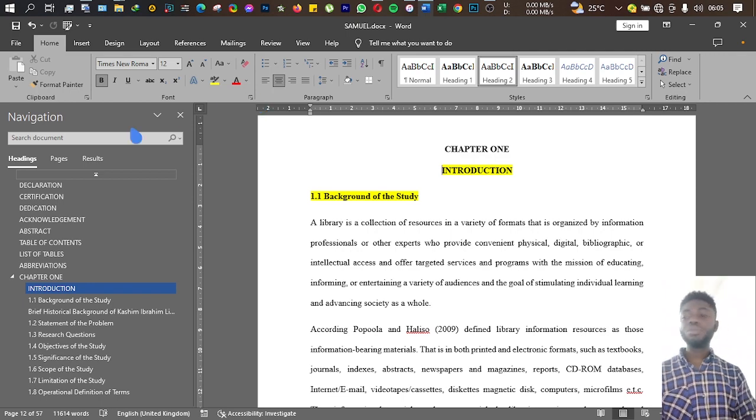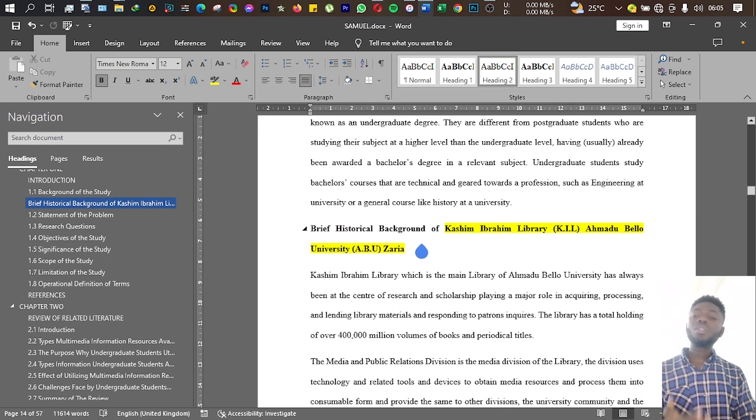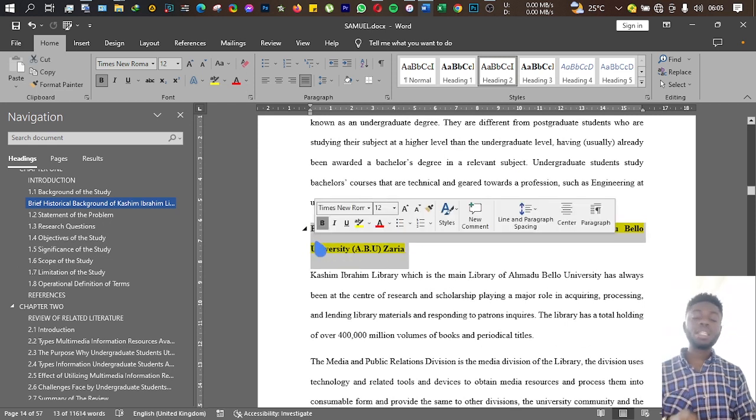Then you will also notice that as part of your chapter 1, because most studies are situated in a particular location, maybe a clinic, a hospital, a library, a government agency, a school, or whatever you have, sometimes you need to discuss the location of your study.